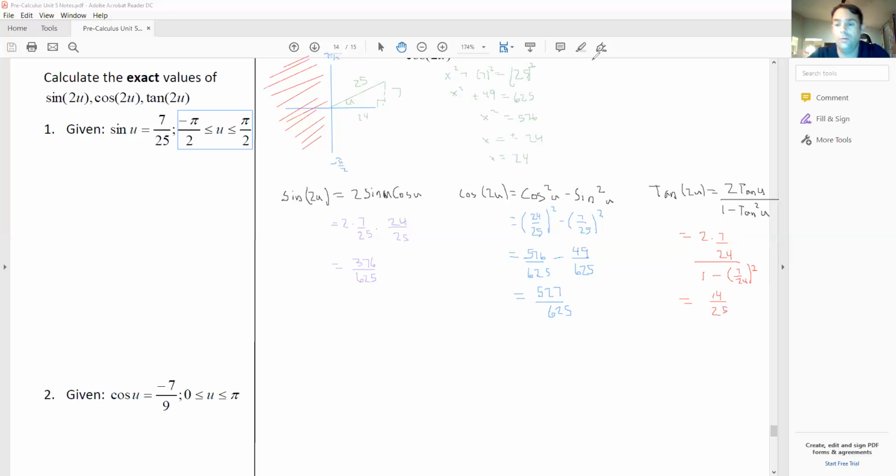That's not a 24. So close to being 24. Over 1 minus 49 over 576. So get our common denominator here now. I'm going to multiply everything by 576.